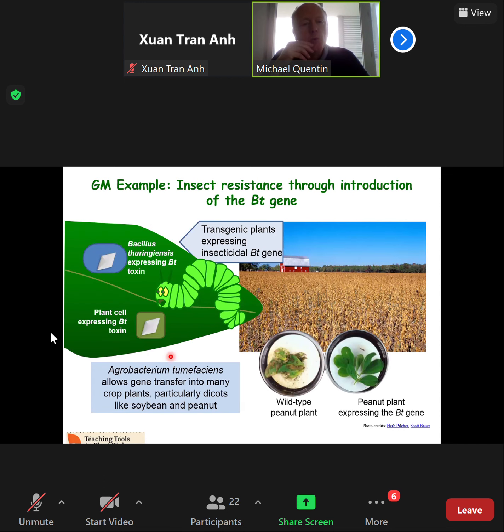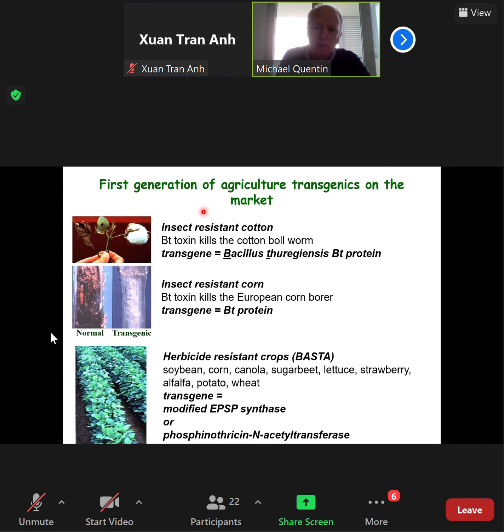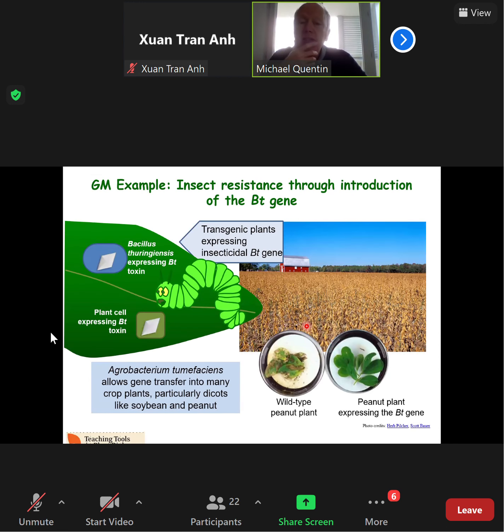I want to say a bit more about the use of the Bt gene, which has made it possible to render cotton and corn resistant to insects. This Bt gene is a gene that was isolated from a bacterium, Bacillus thuringiensis.